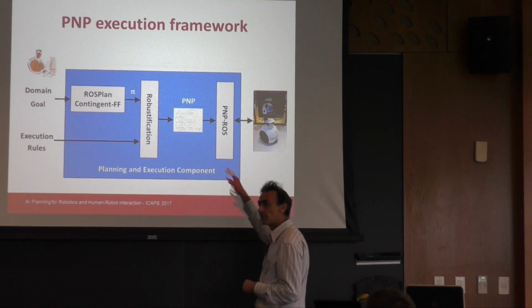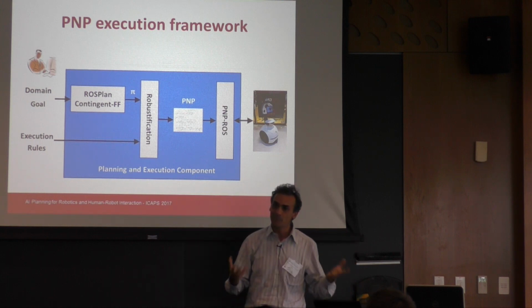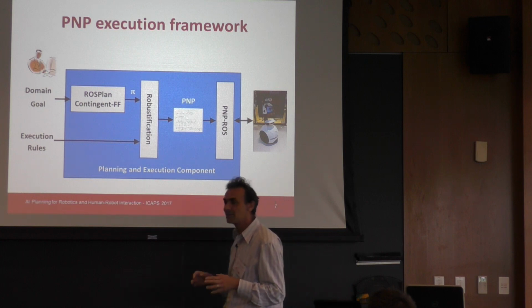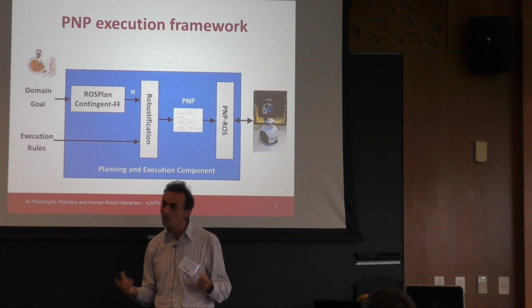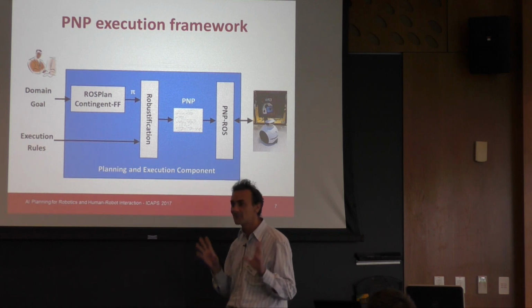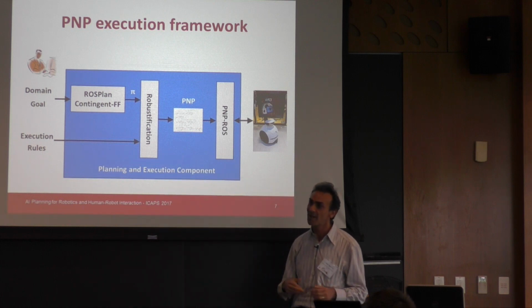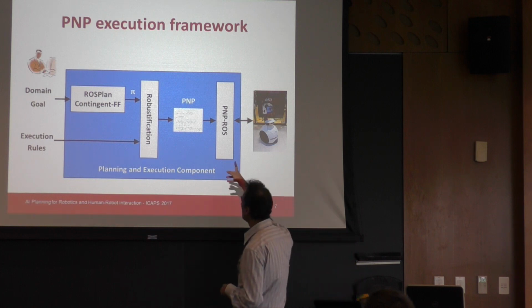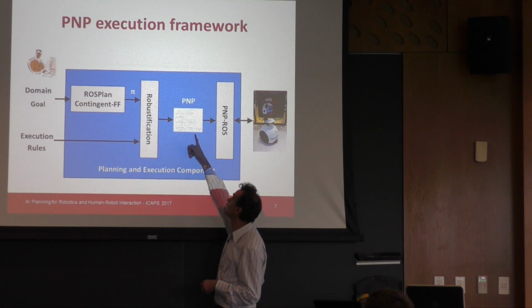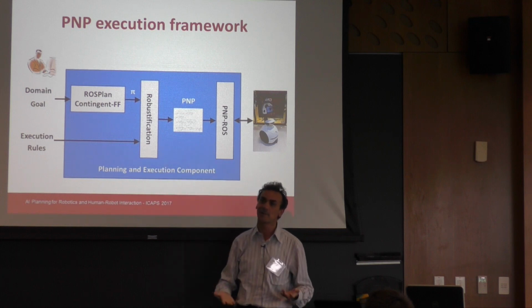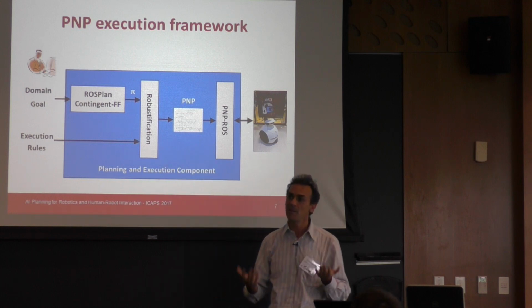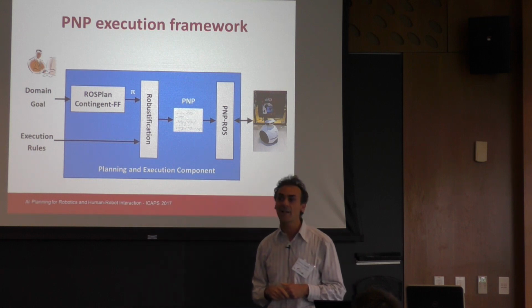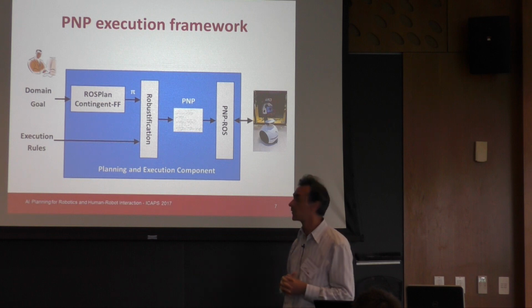While here, what we try to avoid is to put any trick that is hidden in some piece of code, but we want that all the tricks, or all the hacks, that you want to put on the robot in order to make it work are explicitly defined in such a way that you can monitor the execution, because the PNP has a standard operational semantics, so you can actually monitor what's going on.